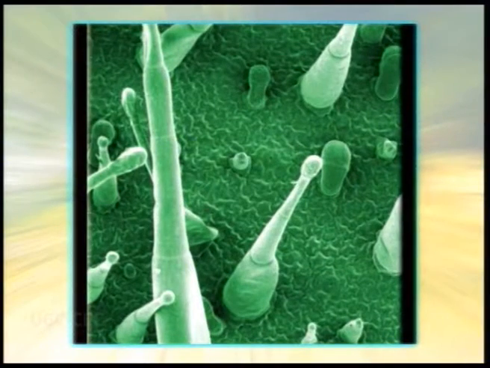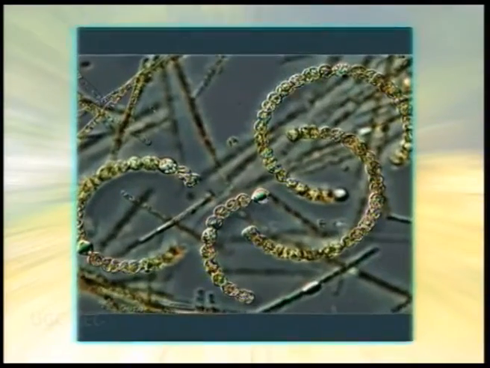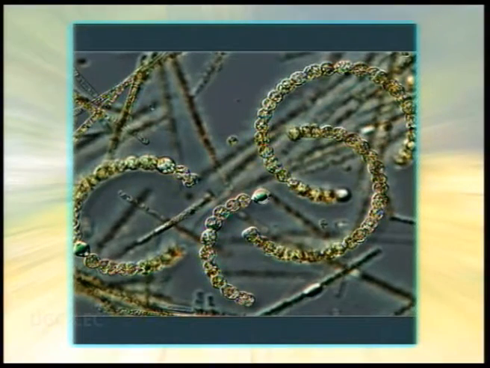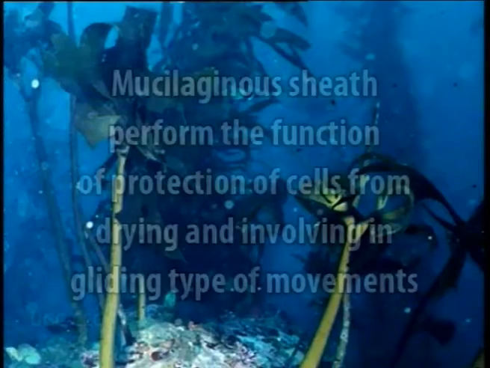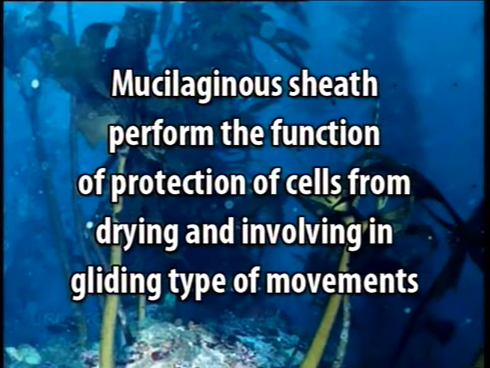These trichomes are especially rows of cells with a mucilaginous sheath, or a layer of mucilage outside the cell wall. This sheath has specific functions, especially protection of cells from drying and involvement in gliding movements.